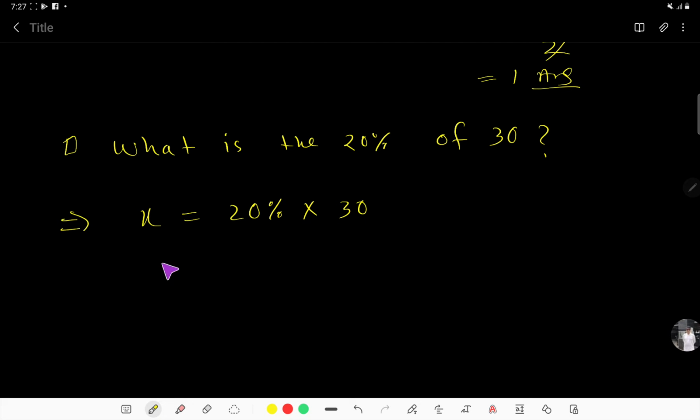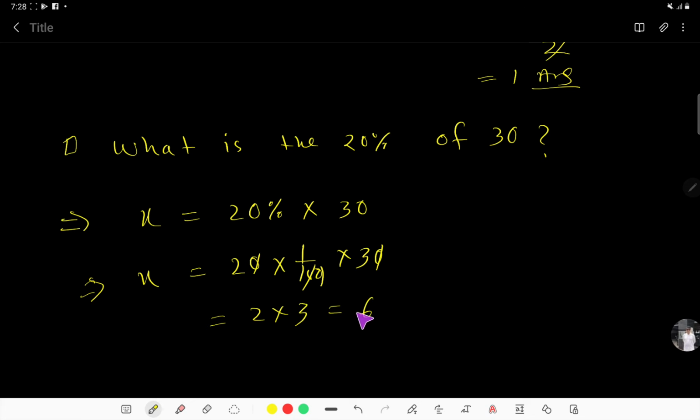So this is the equation, and we have to find the value of x. So 20% means 1 over 100 times 30. So cancel the zeros. So you are getting here 2 times 3, that is 6. x equal to 6. That is, 6 is 20% of 30.